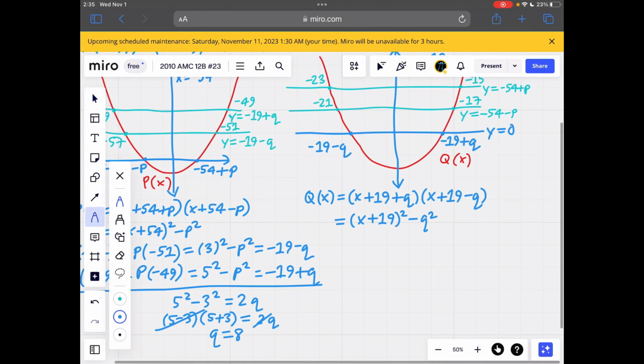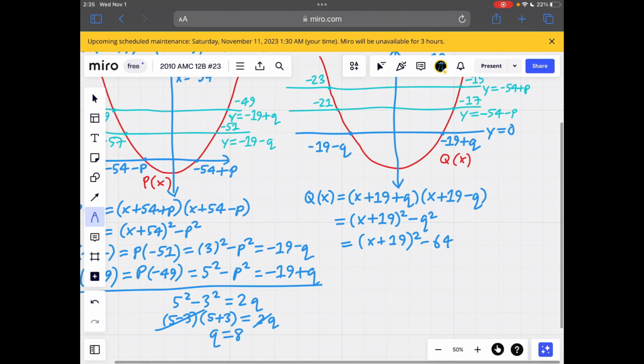Now we can sub the value of q equals 8 into the equation of Q of x. We have that this is equal to x plus 19 squared minus 8 squared, which is 64. And now we can use x equals minus 17 and minus 15 to get the Q of x values of those 2 points.